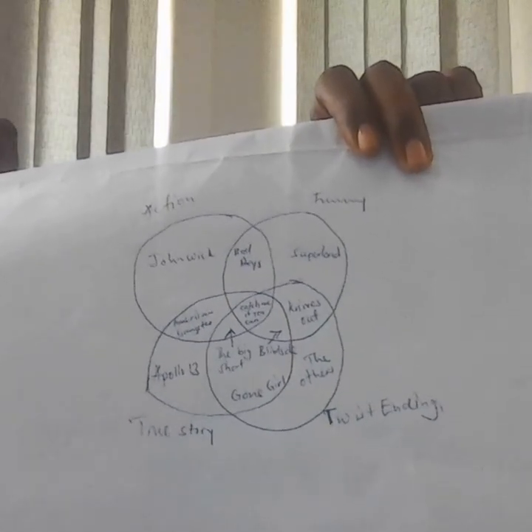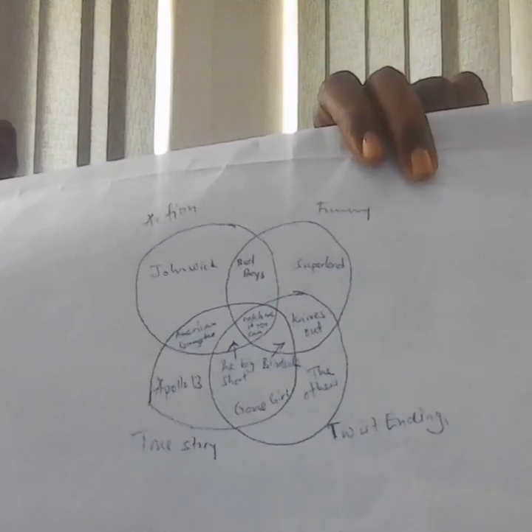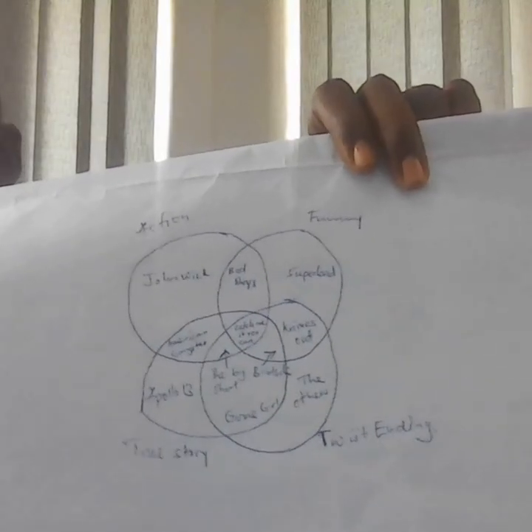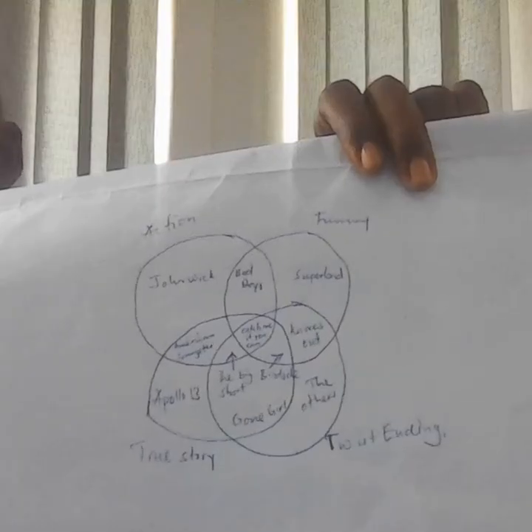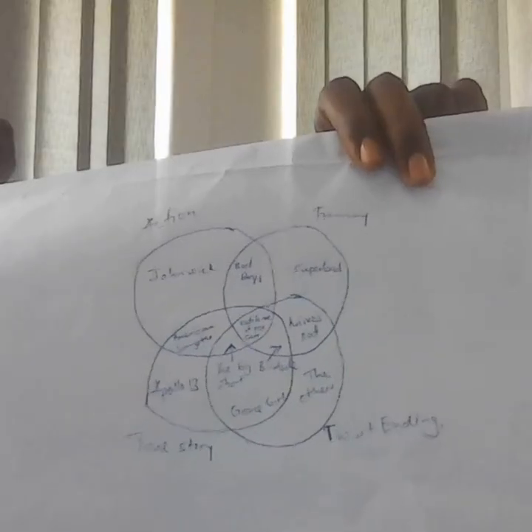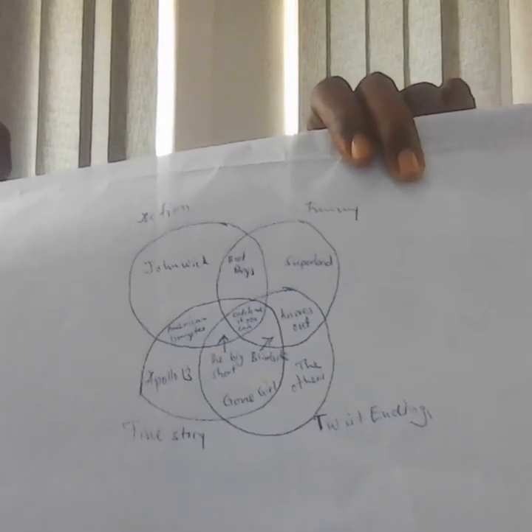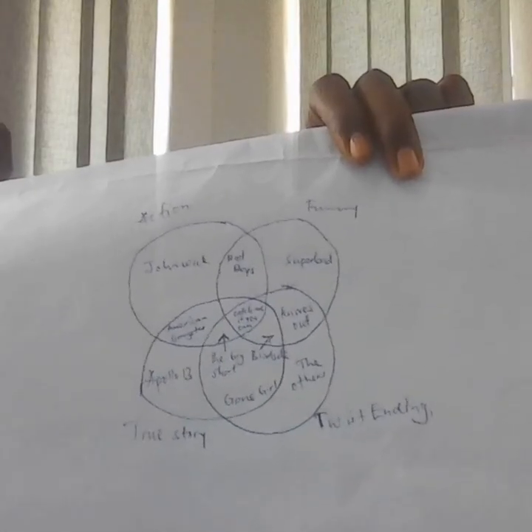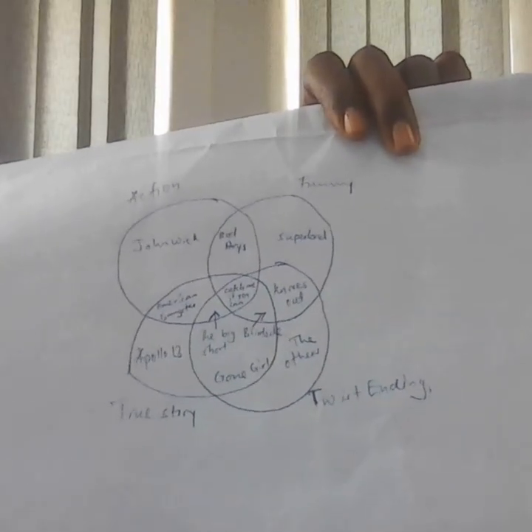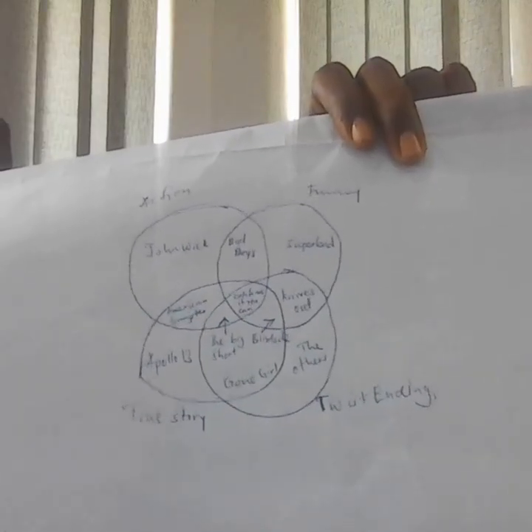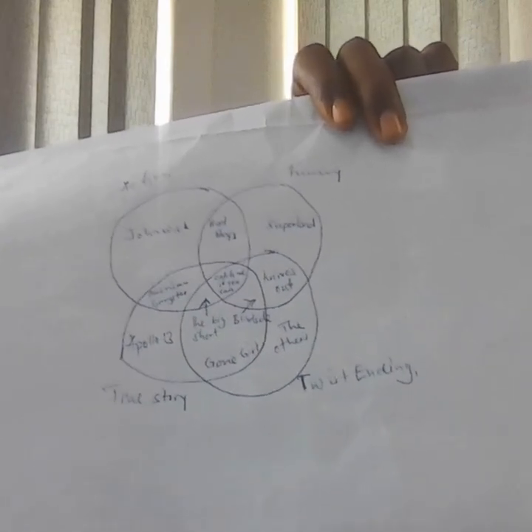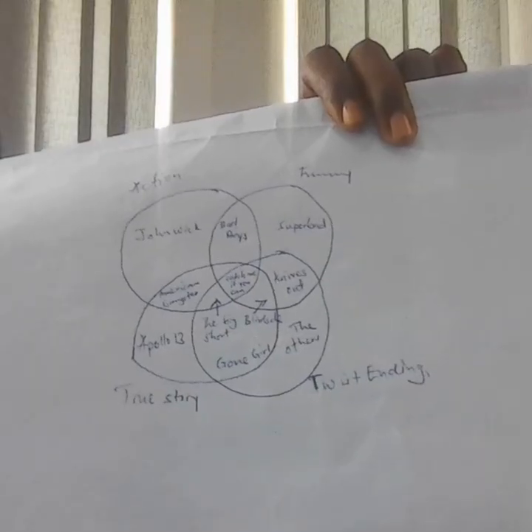I have four overlapping circles, each a different color: red for action, blue for funny, yellow for true story, and green for twist ending. I chose movies that most people would recognize, so the overlaps are easy to understand. Now let me walk through what this diagram teaches us about SQL, starting with the outer section.